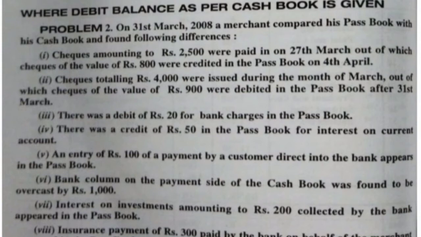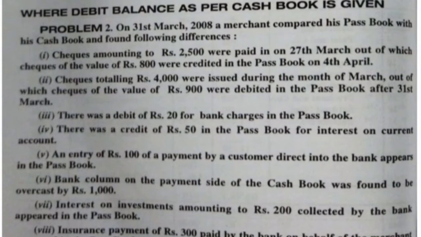It should have been credited as on 27th March, but it is credited on 4th April. So the passbook is showing decreased balance.